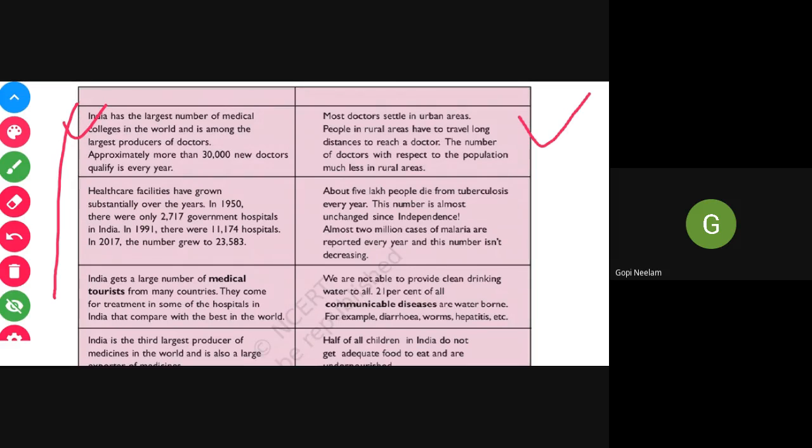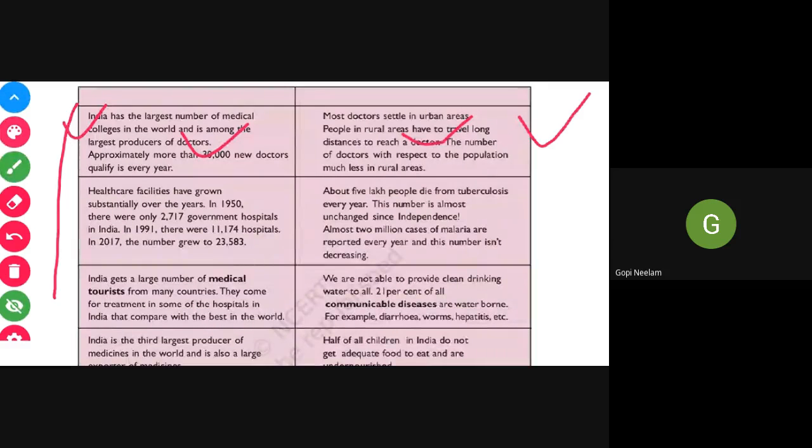We already know that the number of doctors and hospitals has been increasing. But even though the number of doctors has been increasing, many of the qualified doctors stay in urban areas. They don't stay in rural areas, so access to medical facilities is still not available in rural areas.